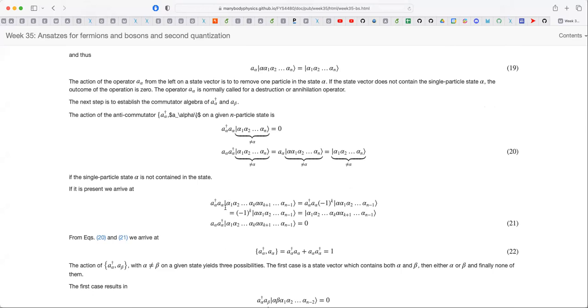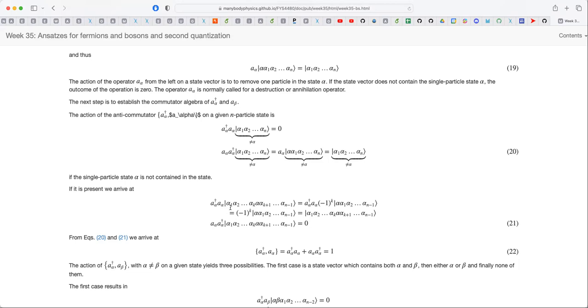So if you now assume that the state has been included, so alpha is one of the states here, so that is present, then in order to be able to act with this operator, we have to move this alpha here k slots.